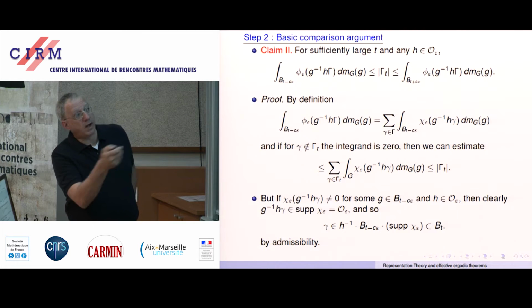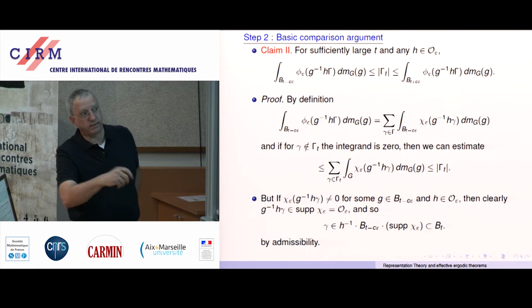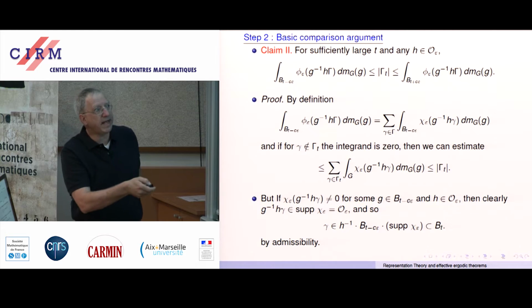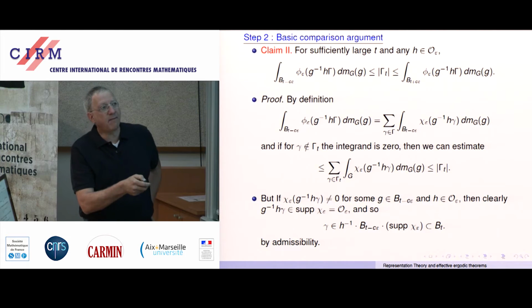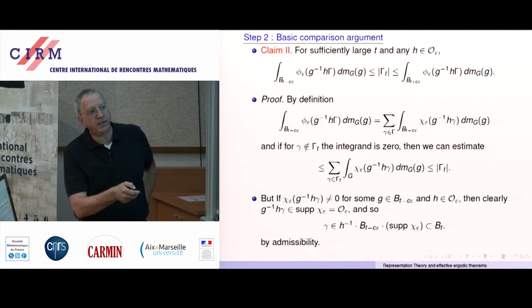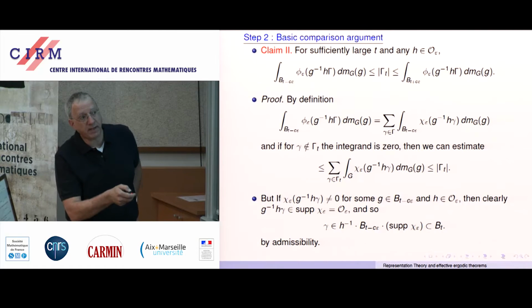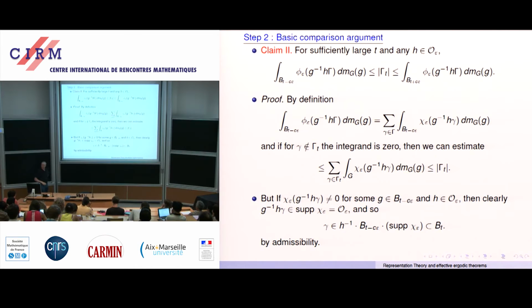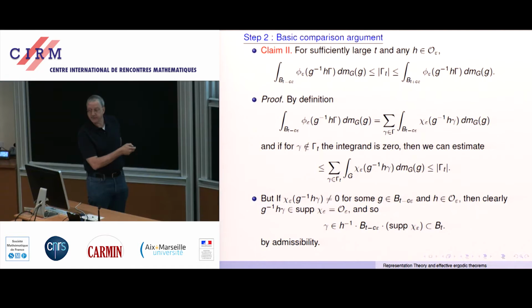If you do the multiplication, then you see that gamma is in h inverse bt minus epsilon times the support. This is contained in O epsilon bt minus C epsilon O epsilon, so it's contained in bt by admissibility. So in this sum, we don't have to take anything outside gamma t, so that's how we get this estimate.